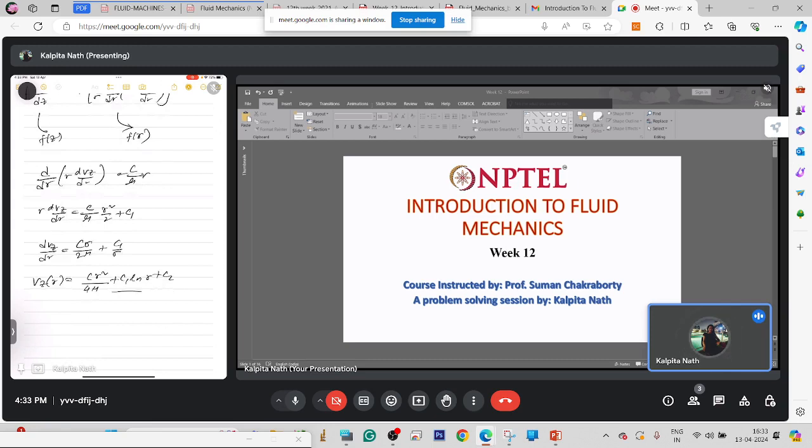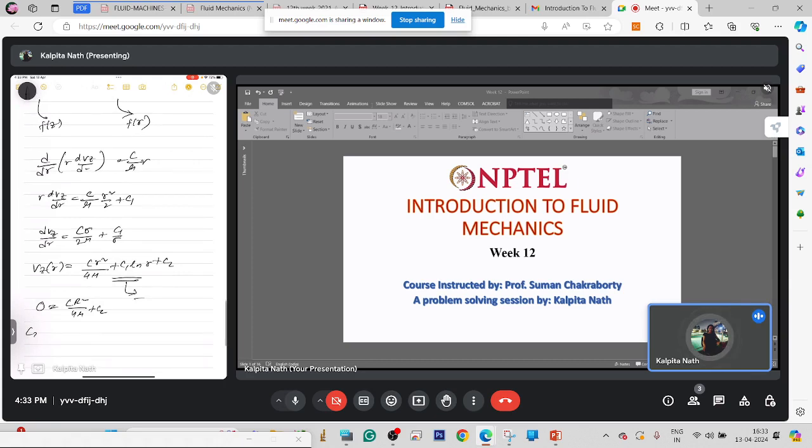So this is equal to 0 by boundary condition 2. Boundary condition 2 means r is equal to 0, v is finite, so this will become 0, the symmetrical boundary condition. And for r is equal to capital R, vz is equal to 0, that is boundary condition 1. If we put this, it will be 0 is equal to cr square by 4 mu plus c2. Now c2 will be what?